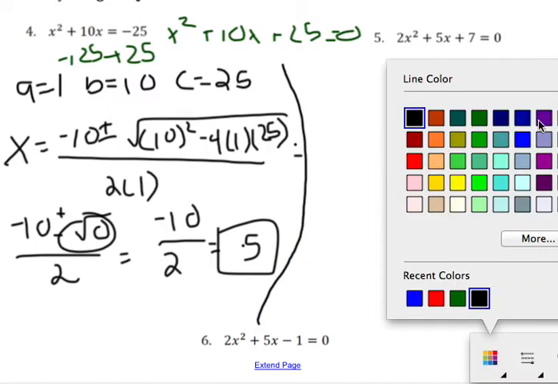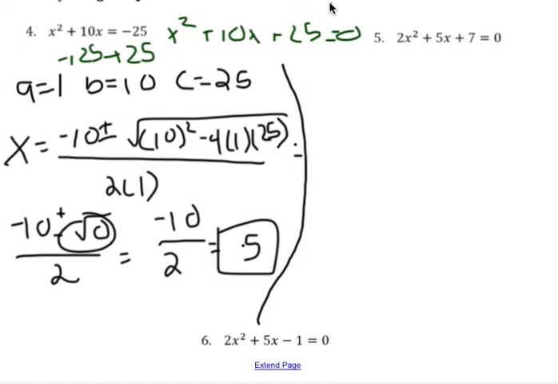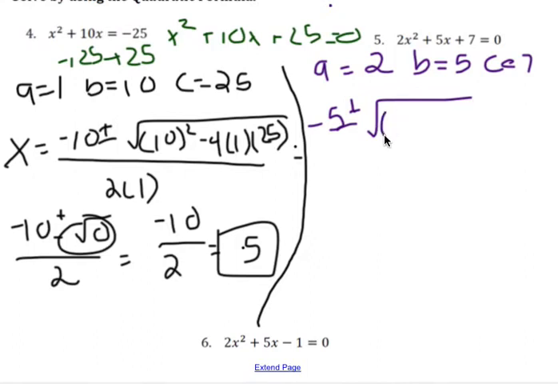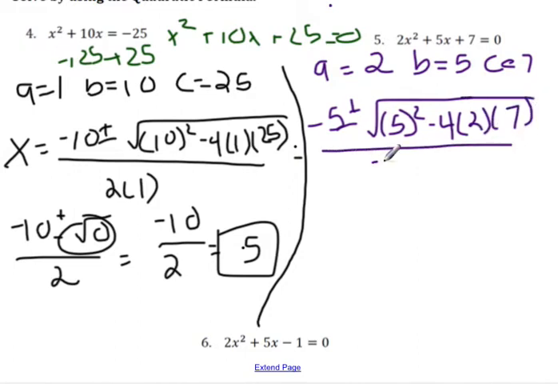Let's take a look at number 5. The a, remember, is always with the squared term, so that's going to be 2. The b is always with the x term, so that's 5. And the c is always the thing that's just a number, so that's going to be 7. Then I'm going to do negative 5 plus or minus the square root of b squared minus 4 times a times c, and all of that is going to be over 2 times a.